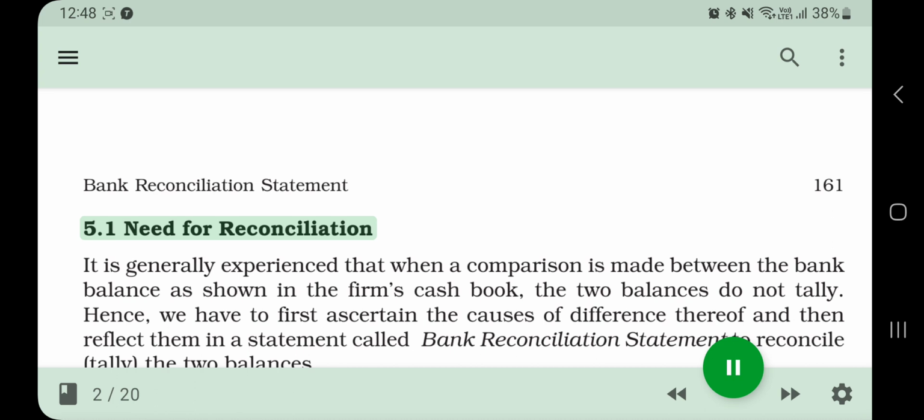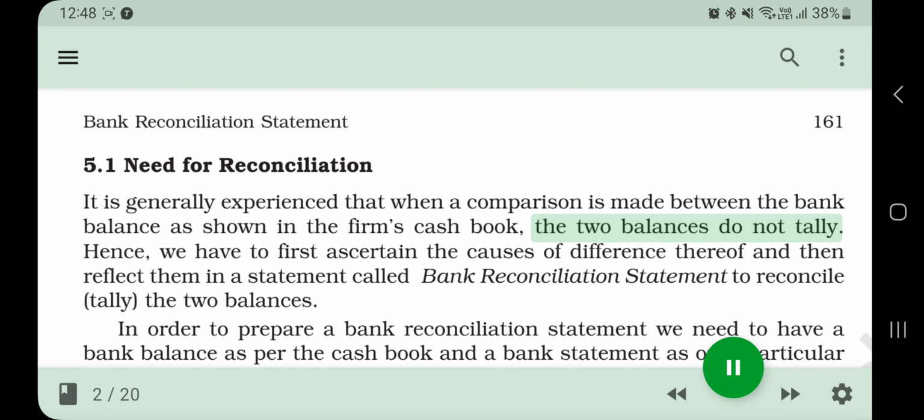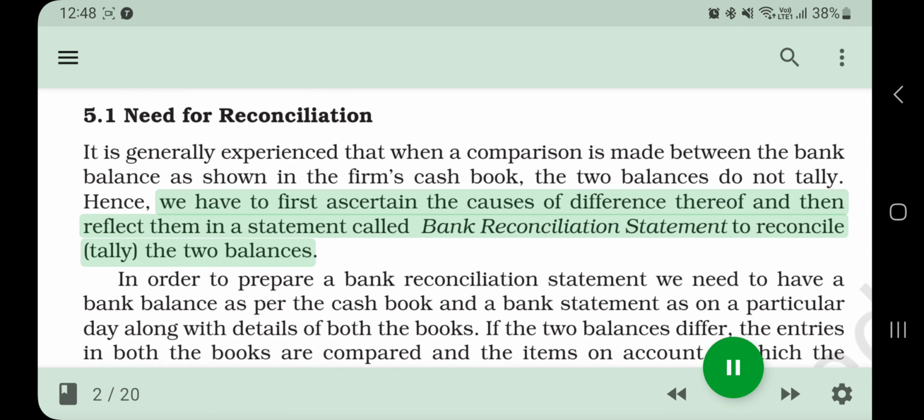5.1 Need for reconciliation. It is generally experienced that when a comparison is made between the bank balance as shown in the firm's cash book and the passbook, the two balances do not tally. Hence, we have to first ascertain the causes of difference and then reflect them in a statement called Bank Reconciliation Statement to reconcile, or tally, the two balances.